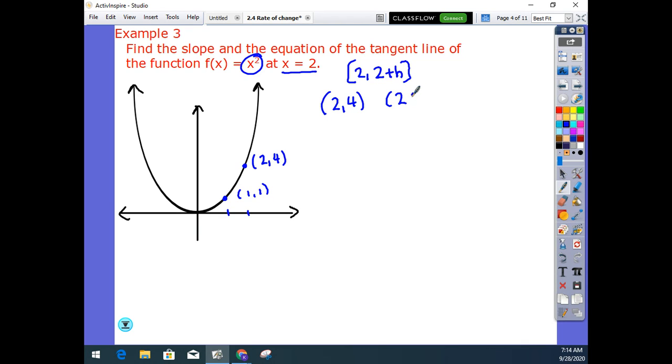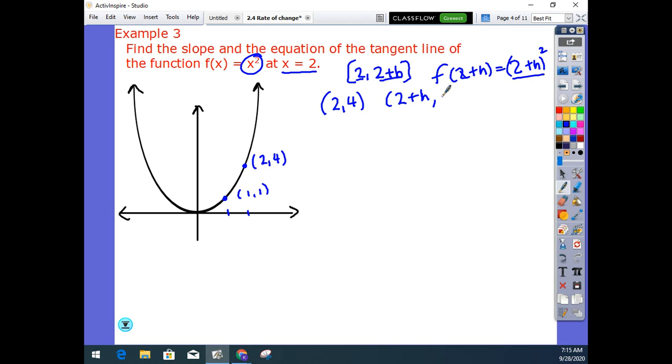Remember, we're using x squared and 2 plus h. F of 2 plus h is 2 plus h squared, just plugging each of these into x squared.